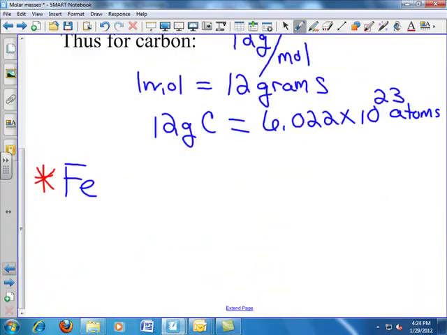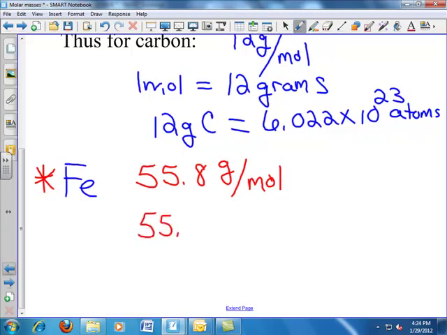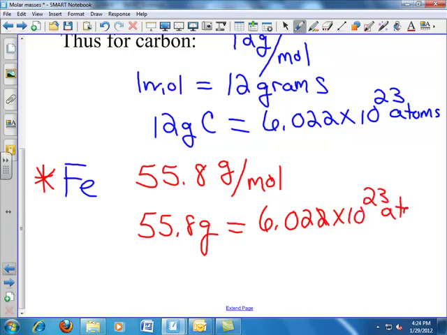So that means that the molar mass of iron is 55.8 grams per mole. That is the molar mass. That also means if I mass out 55.8 grams, that is also 6.022 times 10 to the 23rd atoms.